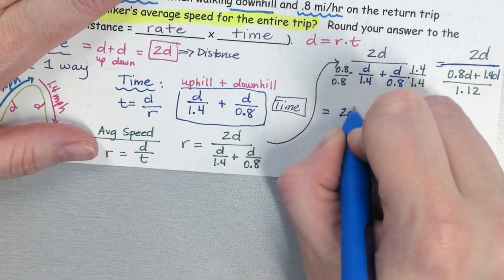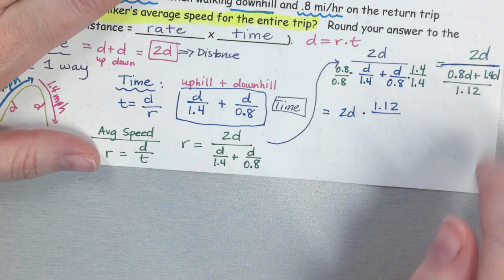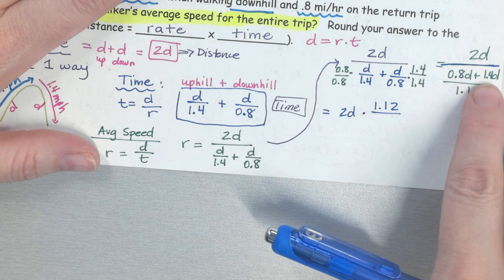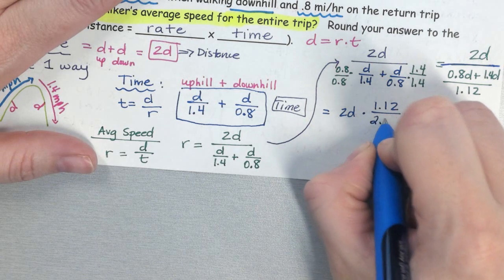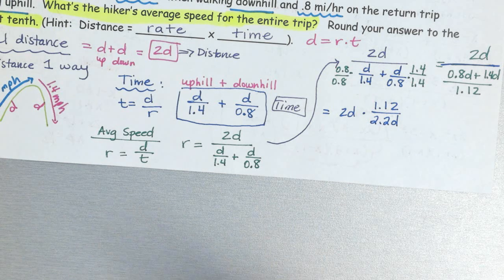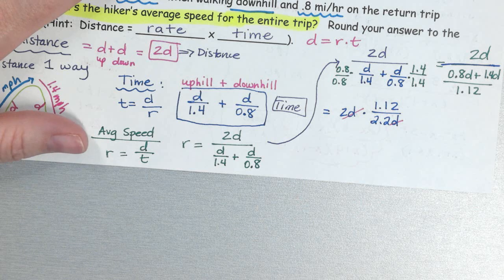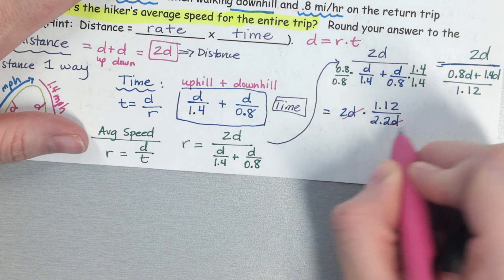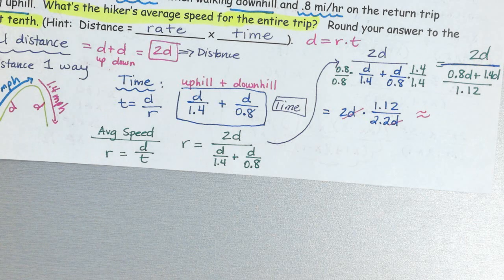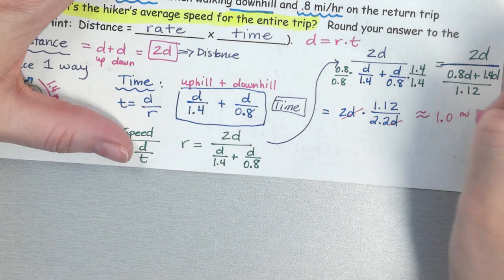So it's 2d times 1.12 over, and then you can combine these: 0.8 plus 1.4 is 2.2. What happens with the d's in this step? They cancel. Then you would just do 2 times 1.12 divided by 2.2, and you should get approximately 1.0 miles per hour.